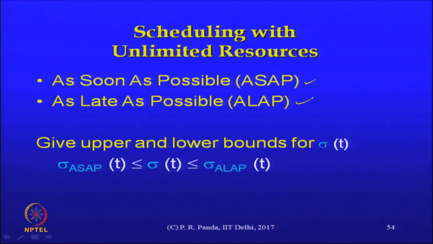This is not the final scheduling strategy, but they are useful nevertheless, because they result in some bounds, an upper bound and the lower bounds for what is the earliest that a particular operation can be scheduled at and what is the latest a particular operation can be scheduled at without violating deadlines and so on.